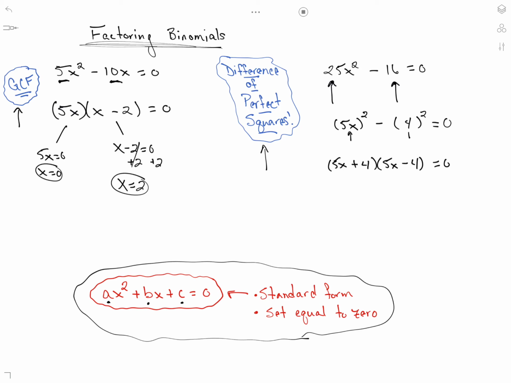So I have a positive and a negative version that I'm going to be dealing with. From here, the solving method is the same as the last one. I set each one of these factors equal to 0 and solve. And it should be nice and easy for me to find my solutions.